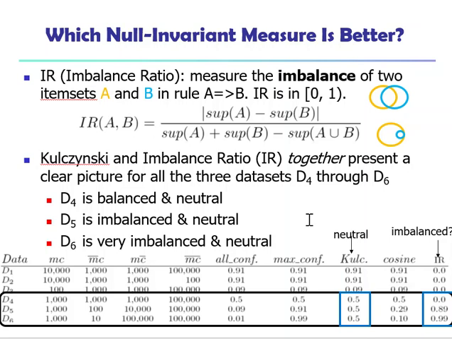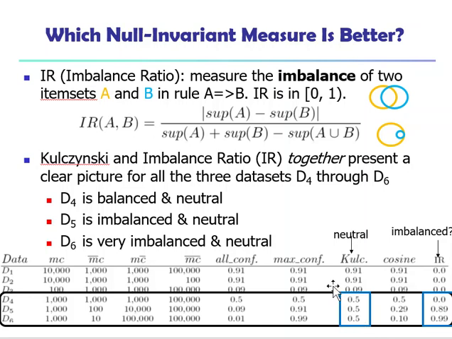So what I want to argue is that because we're talking about interestingness of the rules, as the book suggested, D5 and D6 may be considered neutral in some applications, and the Kulc score could actually serve the purpose.